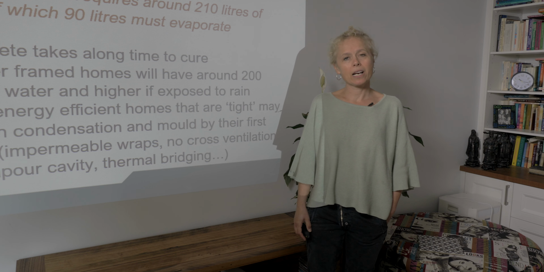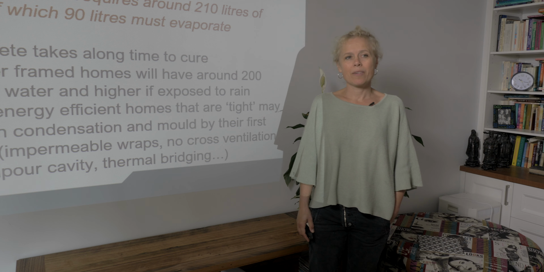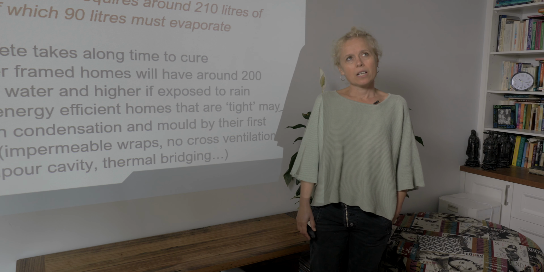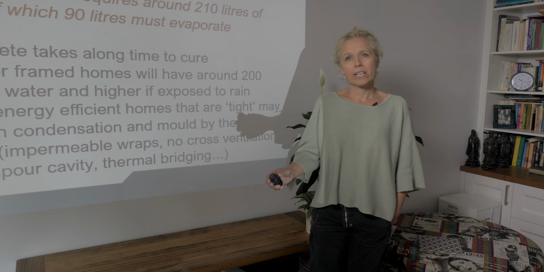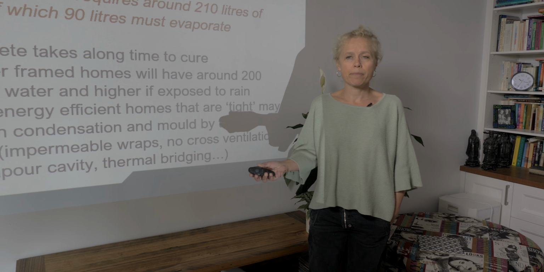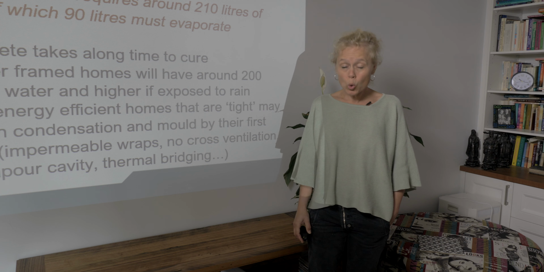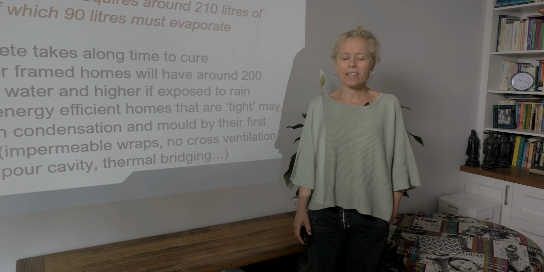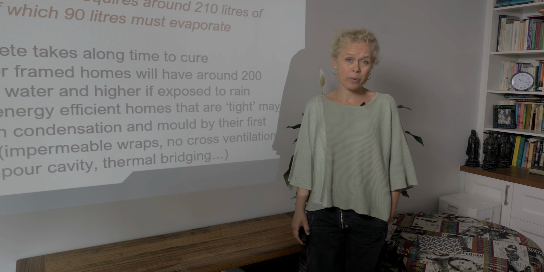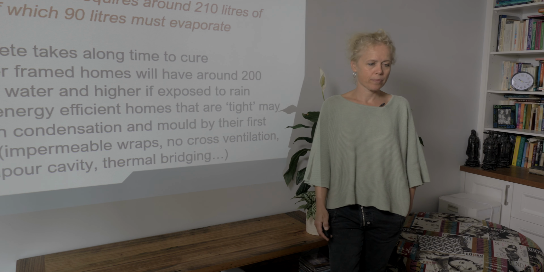Now, very rarely are builders going to allow that slab to evaporate and cure because of time restrictions. From my experience, just having a concrete slab and then masonry or timber frame or cladding doesn't generally cause problems. But if you're in a multi-storey apartment with tilt concrete slab walls that haven't cured, then that can result in significant water vapour in that apartment, which can cause mould. So that can be a problem.